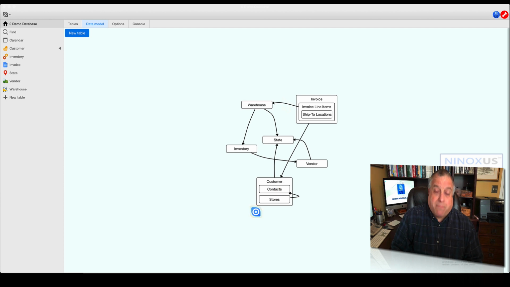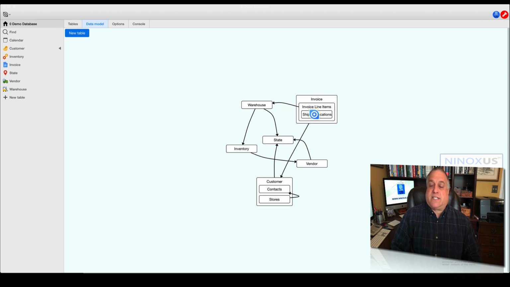Now, remember, whether you are a parent or a child does not determine whether you are a master or a transactional. Here we see a parent table, the invoice table, that has children. The children and the parent are transactional.